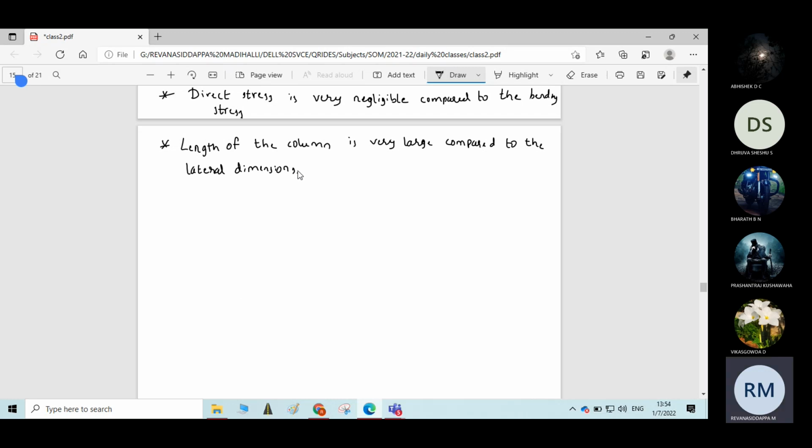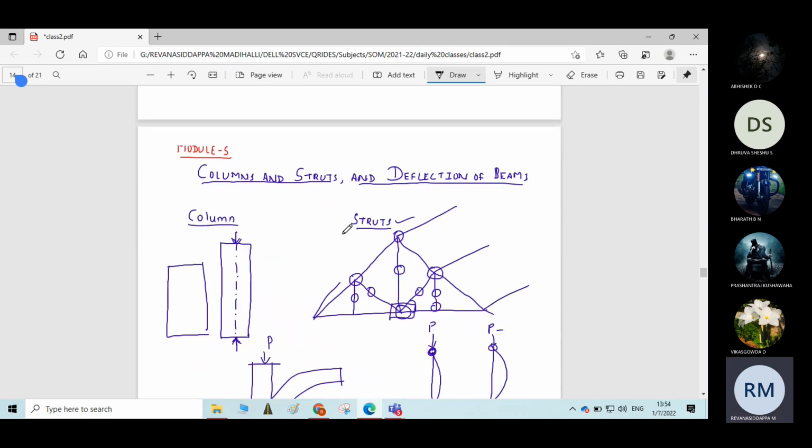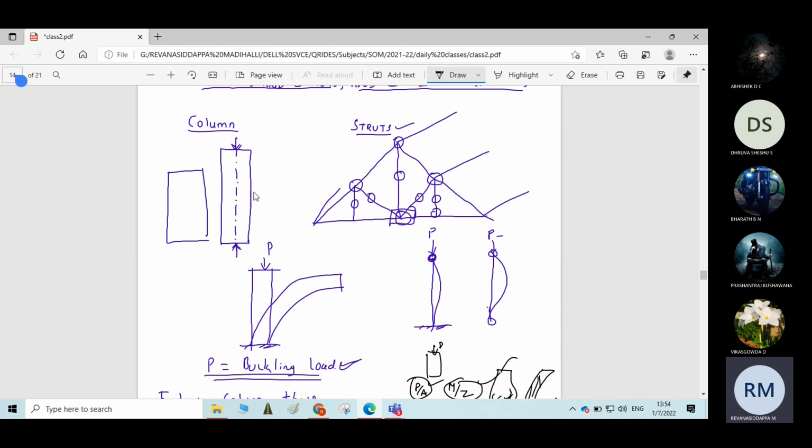The length of the column L is very large compared to the lateral dimensions, either the width of the column or the depth of the column. This length of the column is far greater than the D or B of the column.